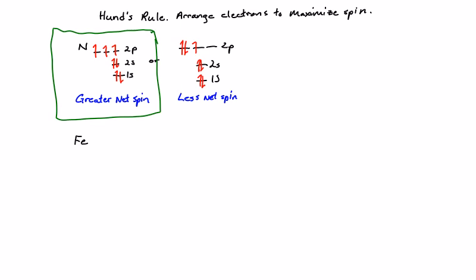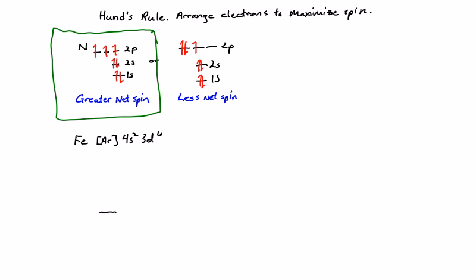We know that it has an electron configuration of an argon core, 4s2, 3d6. If we draw out the orbital diagram, I'm going to ignore all the electrons that are in argon. We see that we have these 8 electrons that have to be distributed across the 4s and 3d orbitals.